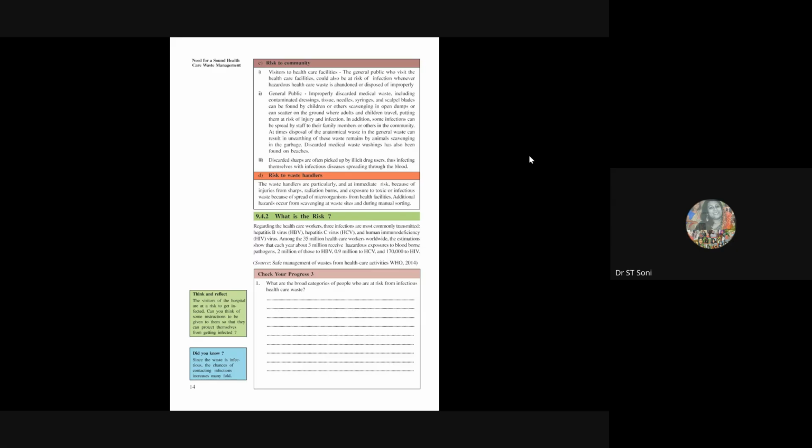Why is it written in this order? The chance of transmission of hepatitis B is far larger than the chance of transmission of HIV. We are panicked by the name of HIV itself, but the transmission rate of HIV is far less than that of hepatitis B. And the good story about hepatitis B is that we have a vaccine available for it, but not for the hepatitis C virus.